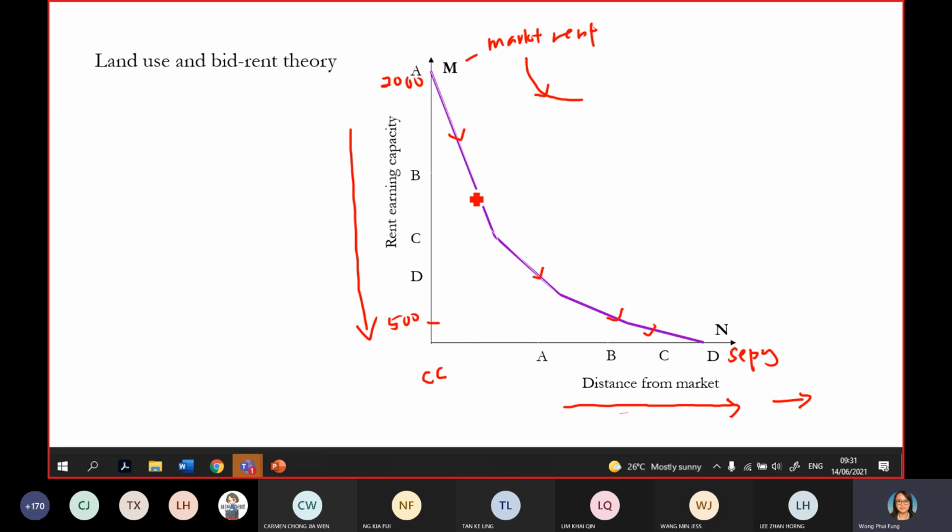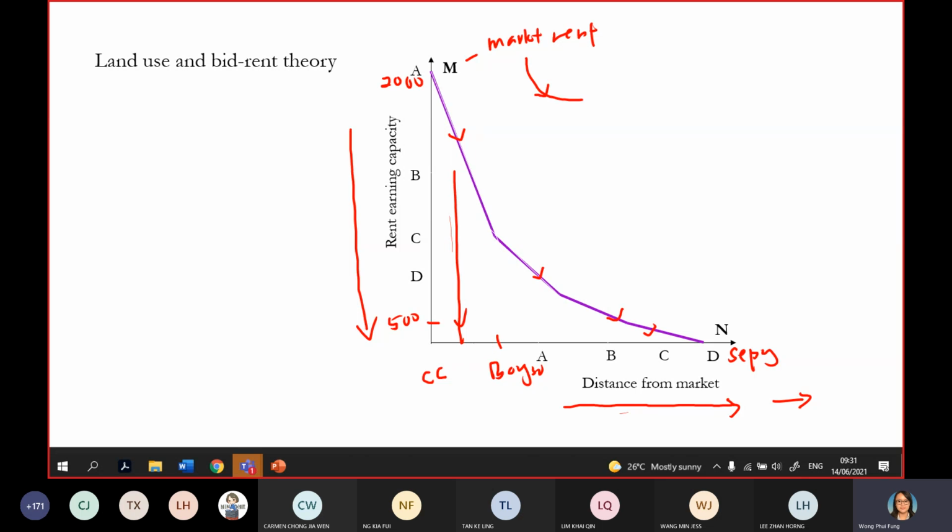Market rental slopes downward because the further away from city center, you can observe that the rental starts to fall. So that is the reason why in Sepang the rental is cheaper, but if you choose, let's say, city center or Bangsar, the rental is very high.